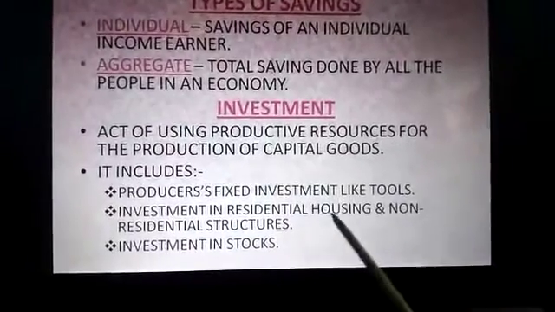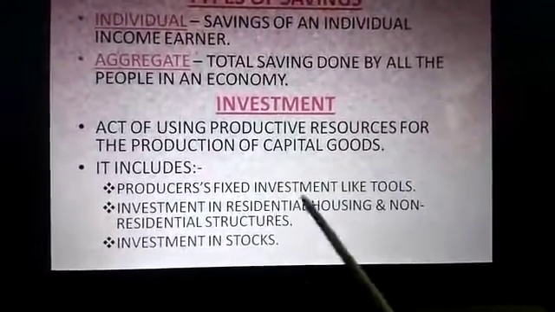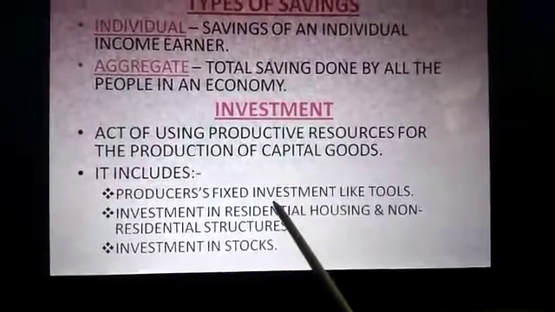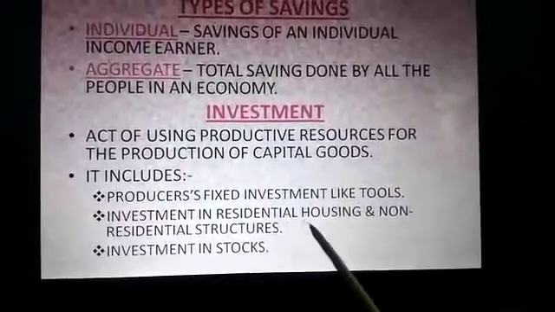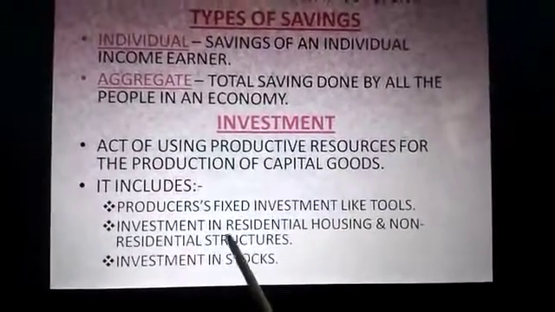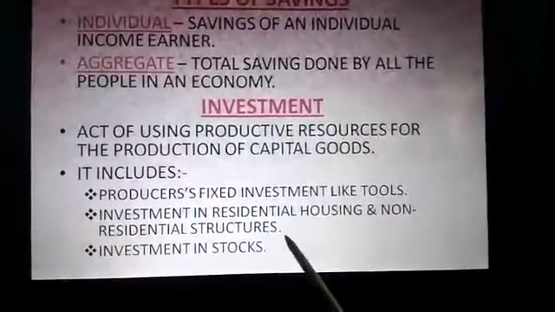Investment in residential housing and non-residential structures. Residential means houses where people can stay, like employees' quarters, staff quarters, comes under residential housing. The office building, the factory building comes under non-residential structures.